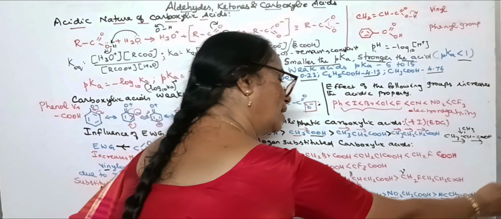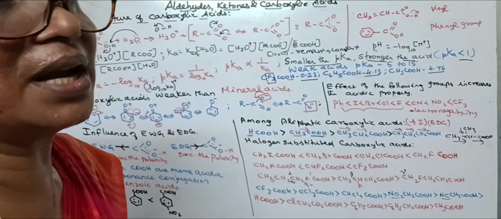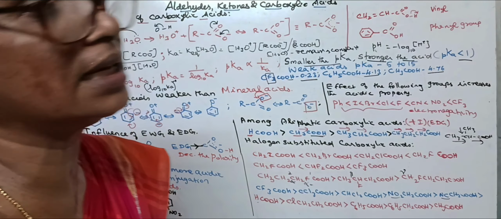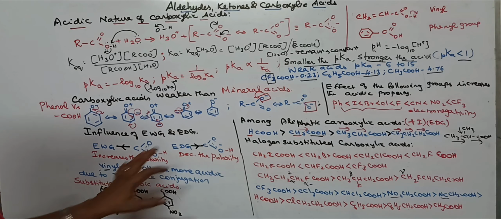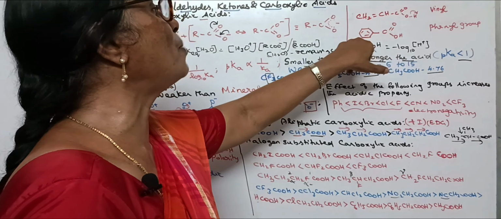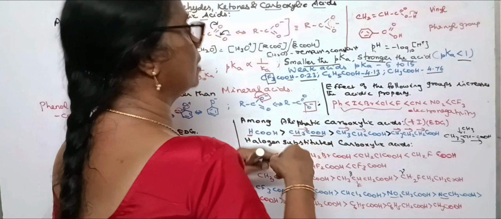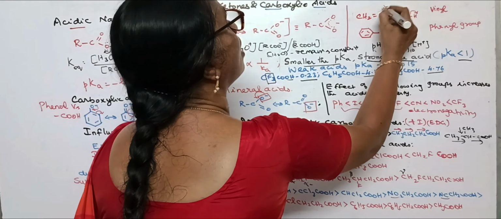After that you can write still more carboxylic acids where the length of the alkyl chain increases. Also we can discuss the presence of vinyl group and phenyl group on the carboxylic acid, in which the carboxylic groups are attached to an sp2 carbon atom.